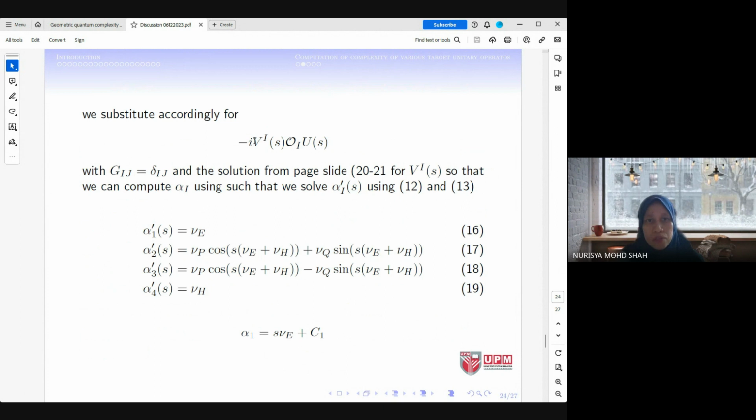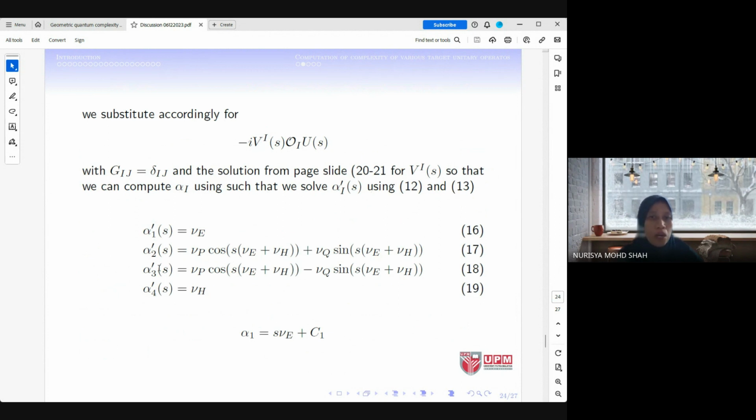So you have all the VI, and then you have US, and then the generator. Again, taking the Kronecker delta of the penalty matrix and the solutions from slides 20 to 21 for the tangent vectors, for which you can compute your alpha i. Okay, because you can equate them both, using 12 and 13.